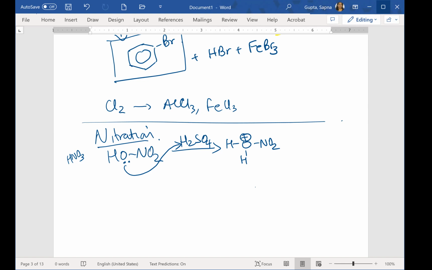Okay, so once you've generated that, now we just need to generate the electrophile, which is this, that the water goes away. So minus H2O, and then you have what is called the nitronium ion, or nitroso. I don't know what it's called.